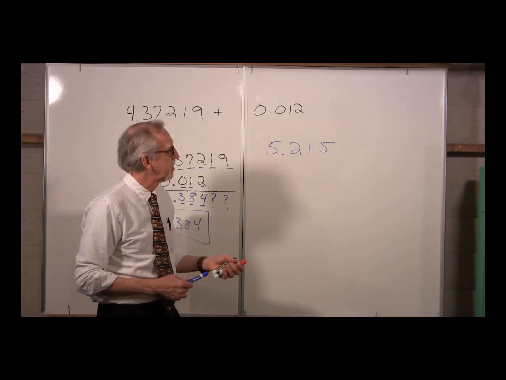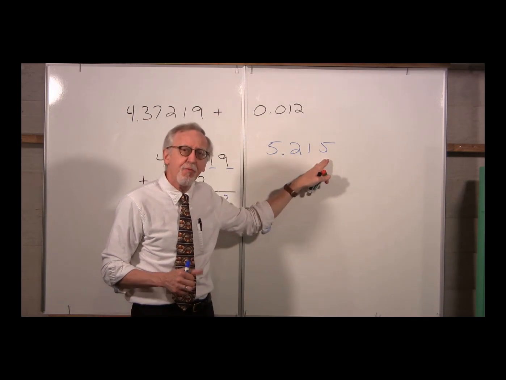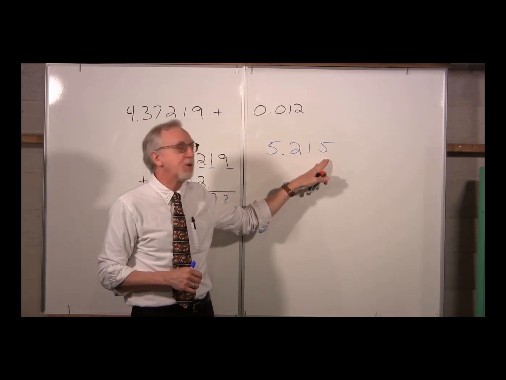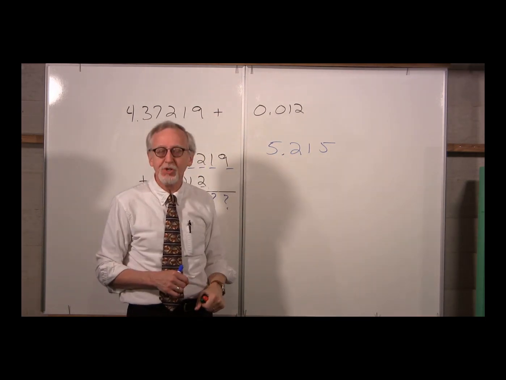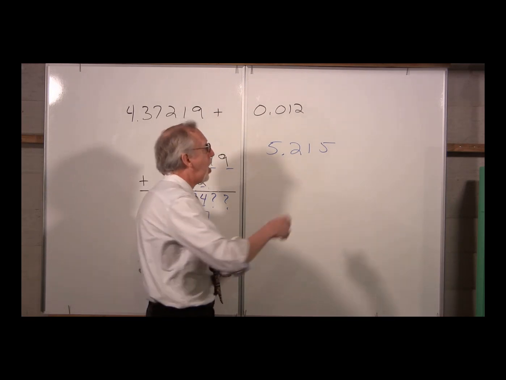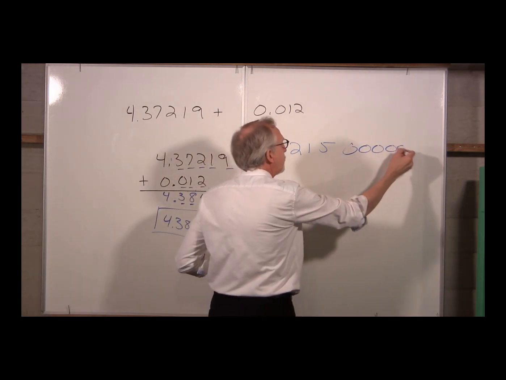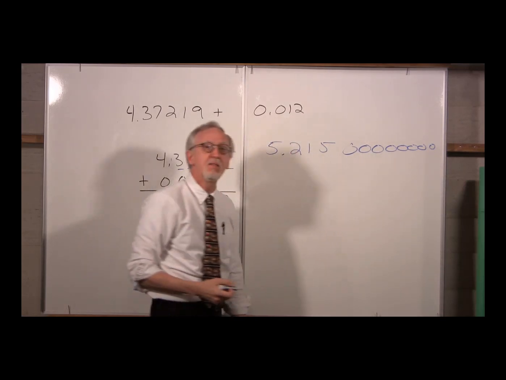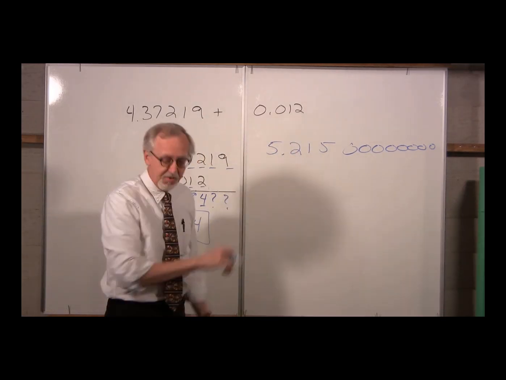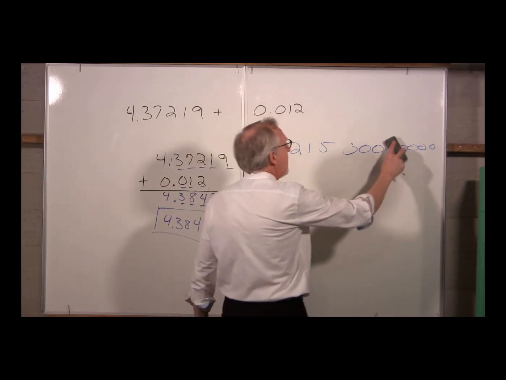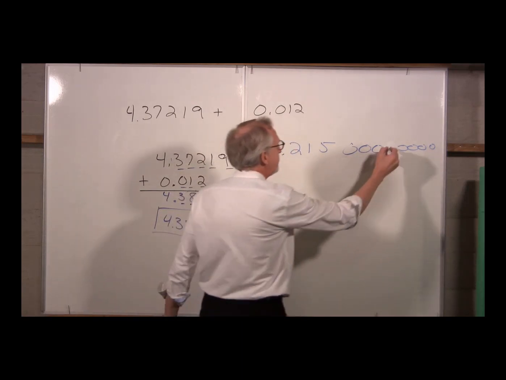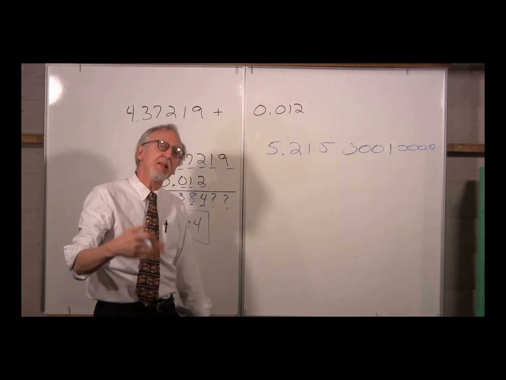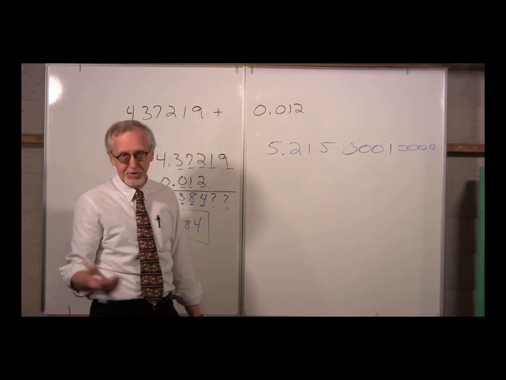Well, my argument is that, yes, it is exactly halfway in between 5.21 and 5.22 if all of these other values really were zeros. But if any of those digits were anything other than a 0, then that number really is closer to the larger number.